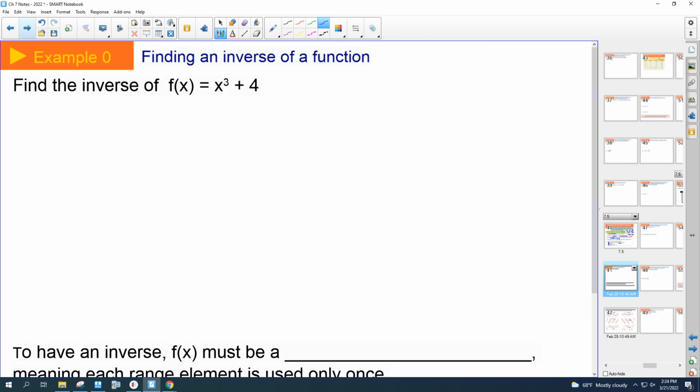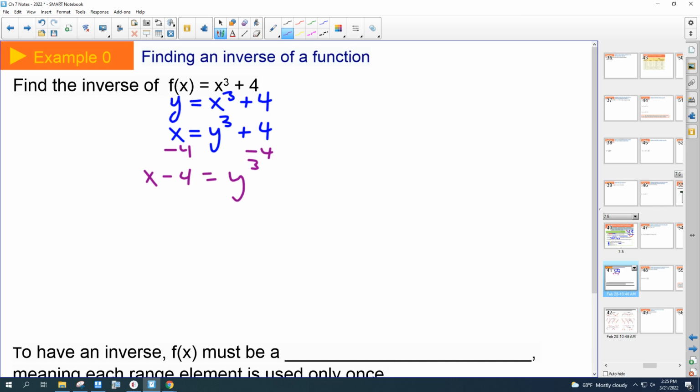You should remember problems like this from some other class, but we're going to call that y. And we're going to switch x and y. That's step 1. Step 2, we're going to isolate y. And you can do some of this in your head, I think. Subtract 4 over.